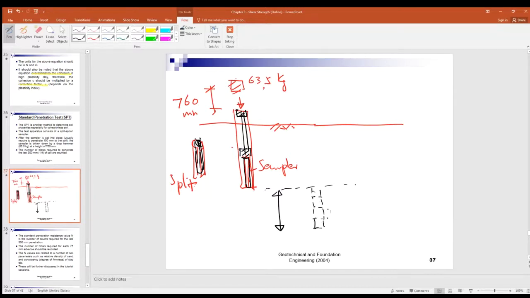Now, for the last 300 mm penetration, we count the number of blows to give you a penetration.